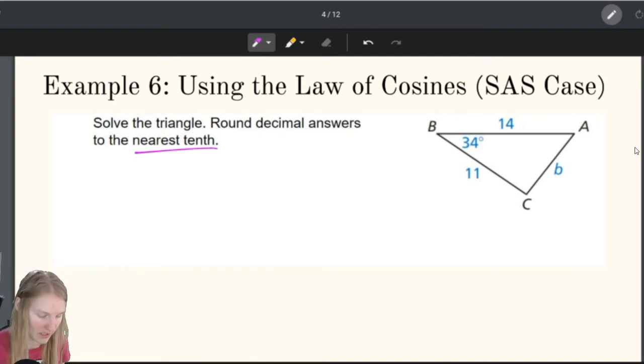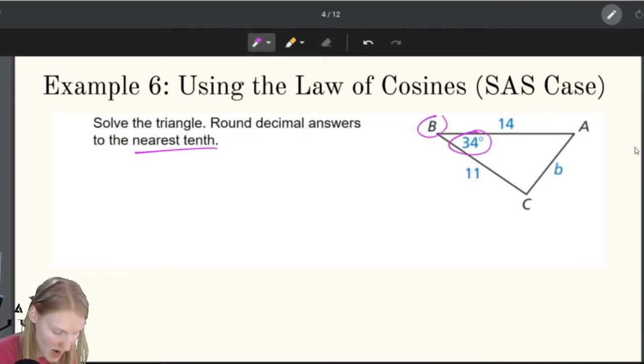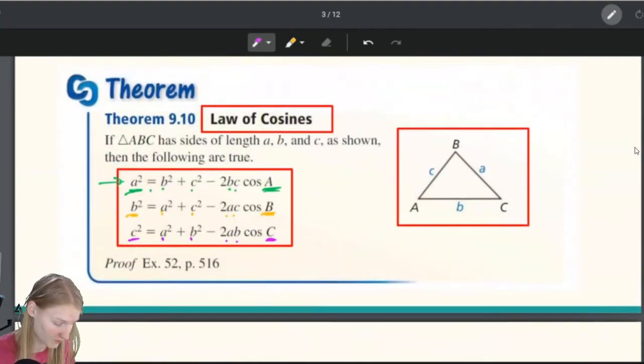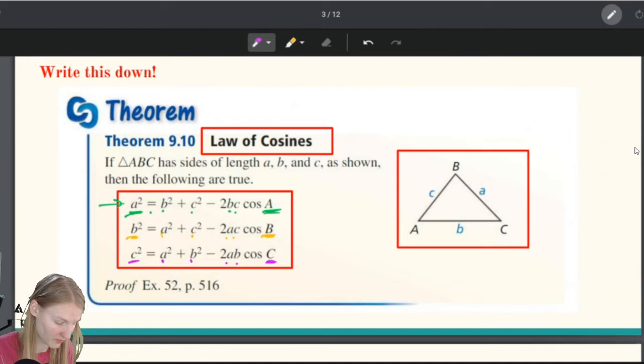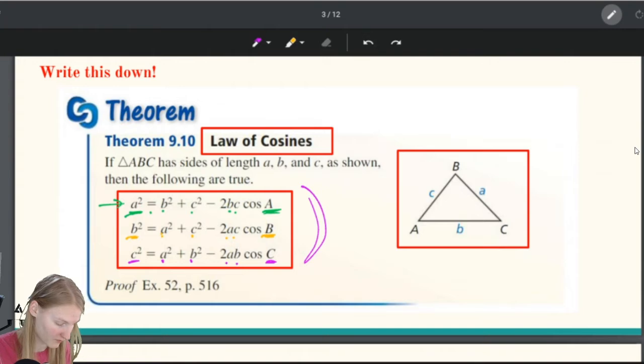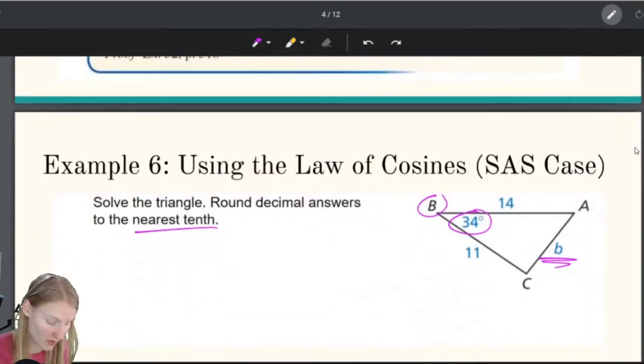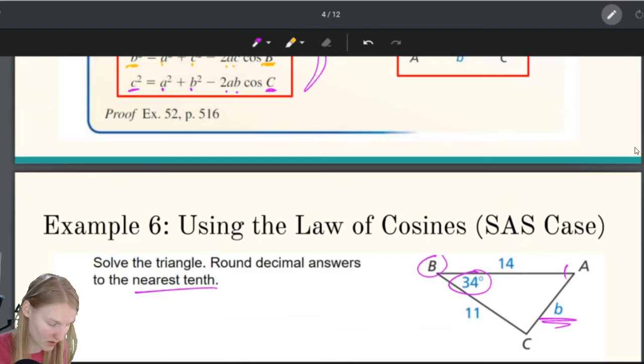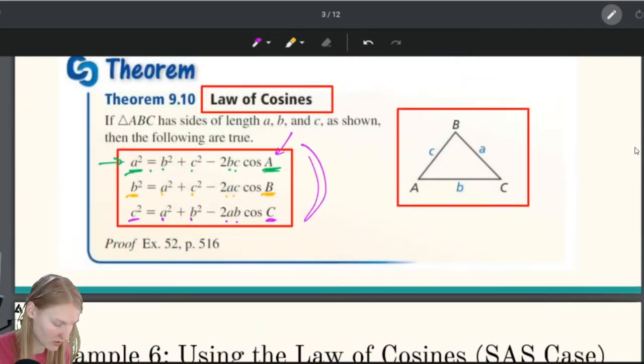Cool. Alright, so the first thing I am noticing is that I have angle B, and I don't know what side B is. So of these formulas, I'm going to use this one, because I'm looking for side B and I have angle B. If I had angle A, then of course I'd need to use the other one.